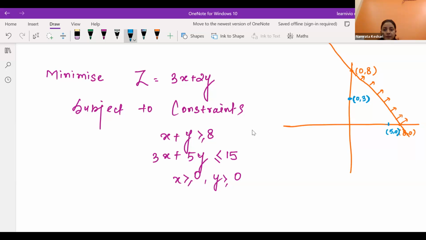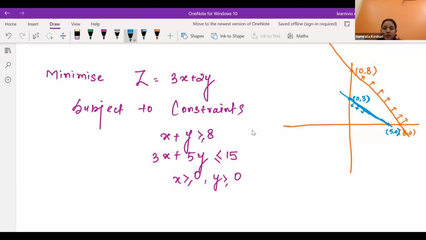Solid. Now, which part, the left one or the right one of this line? Left.